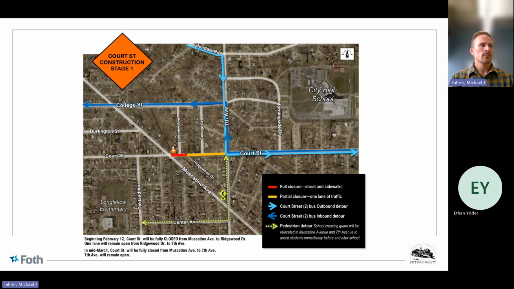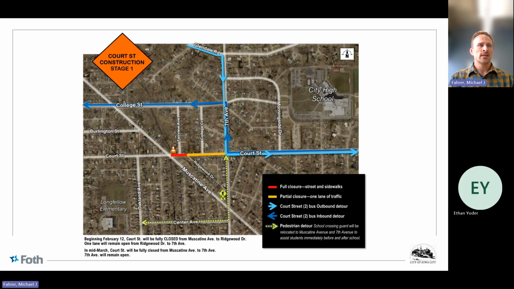So the red area is a full closure, and then there's a partial closure there, which is shown in orange. As I mentioned, pedestrian detour, the main purpose of this here is to make sure that students are able to safely navigate through the construction site or around the construction site to get to Longfellow Elementary.